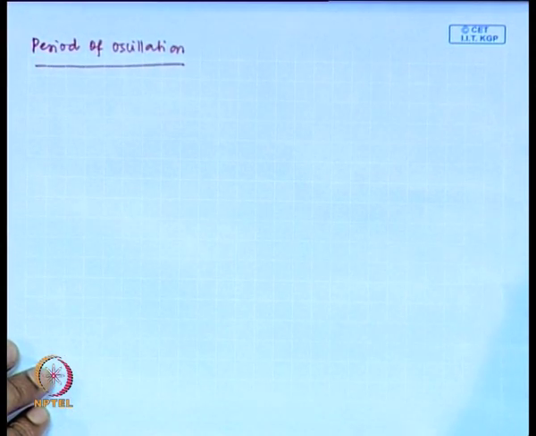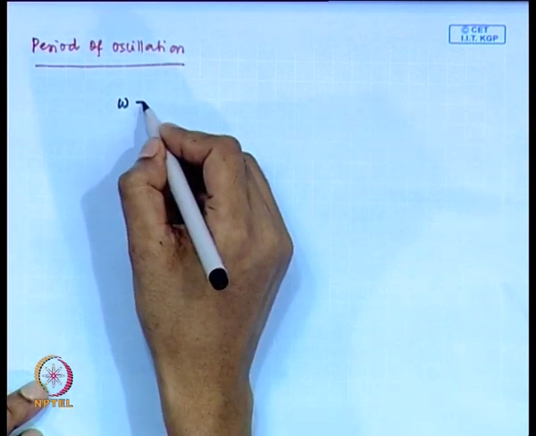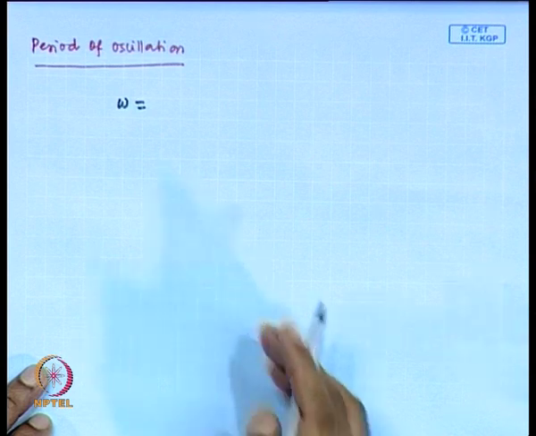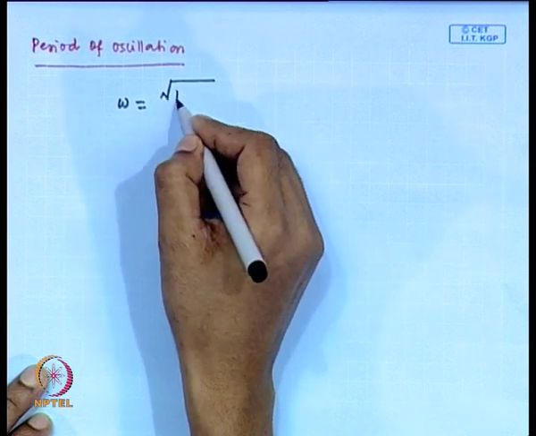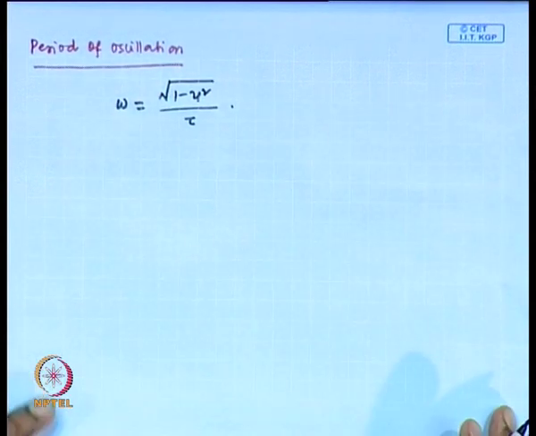For an underdamped response, we got previously the expression for radian frequency, where omega equals root over of 1 minus zeta square divided by tau. Fine. This equation we have used in the expression of y in time domain for the underdamped case.